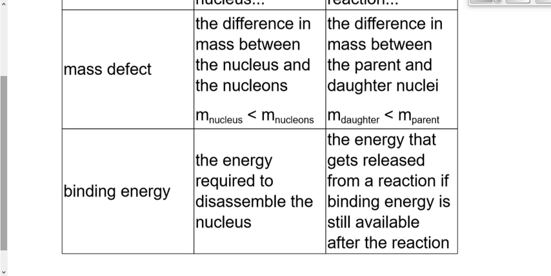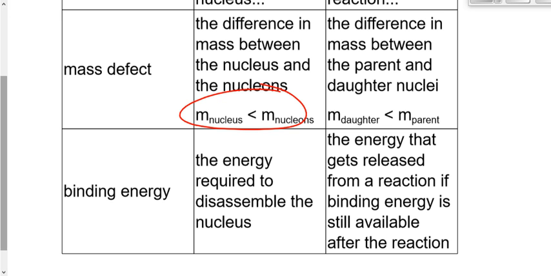So if you get a question where you're looking for the binding energy in a nucleus, or the binding energy produced by a certain fission or fusion reaction, what you've got to do first is get the mass defect, convert it to kilograms if it's not already in kilograms, and then multiply the mass defect by c squared. How do you get the mass defect here?